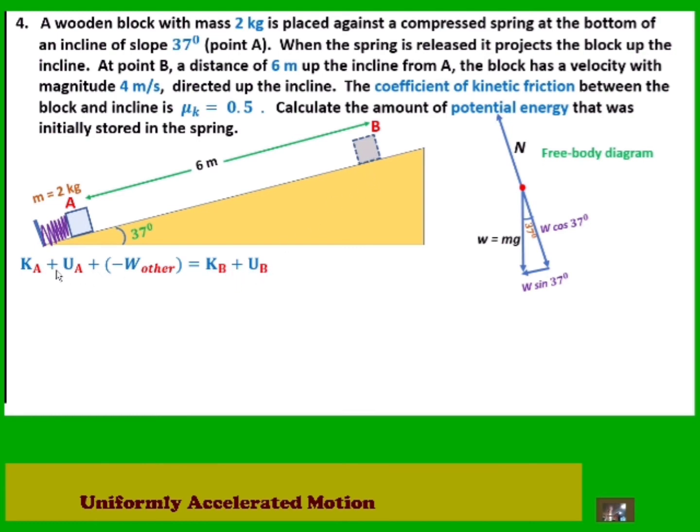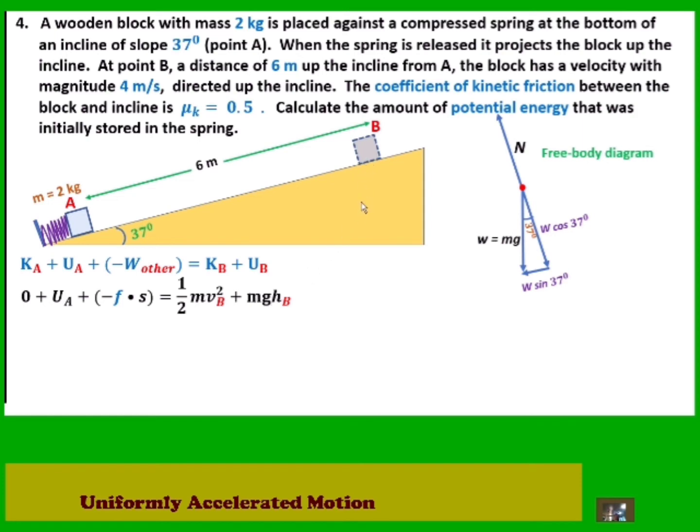For the value of each term, at point A, its kinetic energy is 0 since it is at rest. And its elastic potential energy is what we are going to solve for. It is unknown. The other work is equal to force times distance. At point B, its kinetic energy is 1/2 mv squared, and its potential energy is the weight times the height.